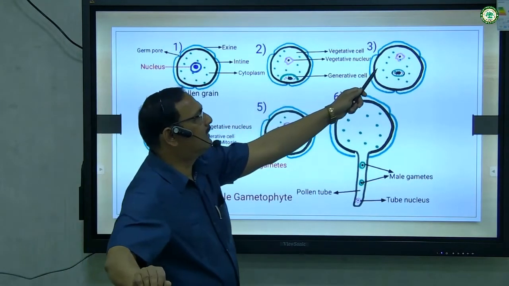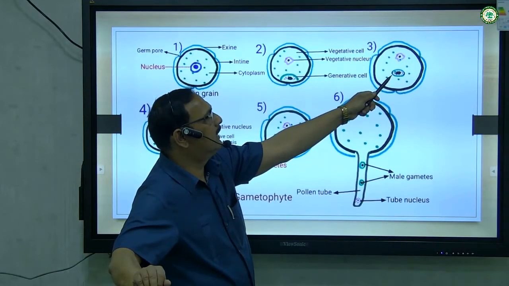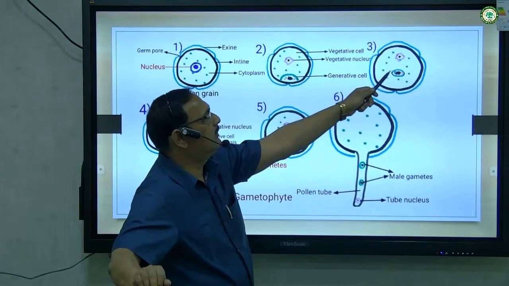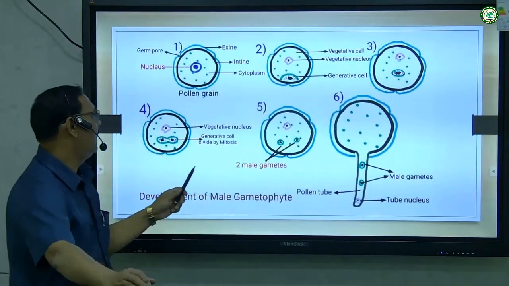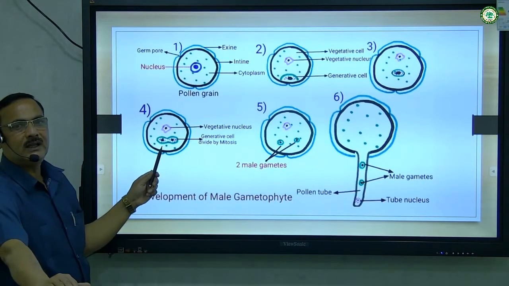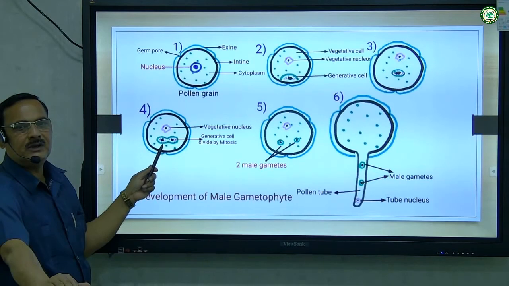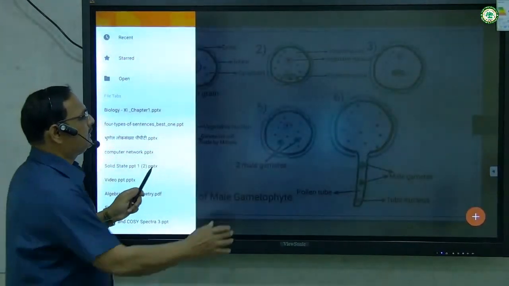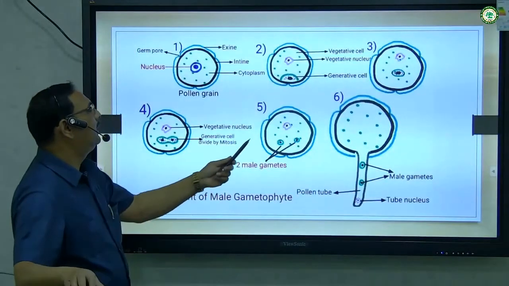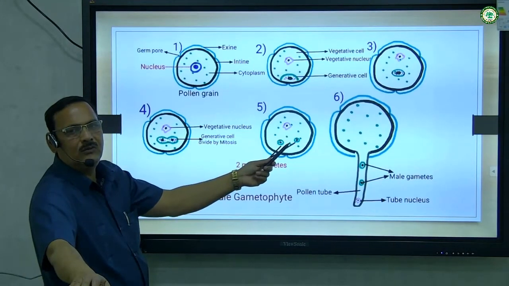In the third figure, the generative cell and the vegetative nucleus are present in the pollen grain cytoplasm. In the fourth figure you can see the occurrence of the second mitotic division, which is restricted only to the generative cell, and this generative cell divides and results in the formation of the two male gametes.